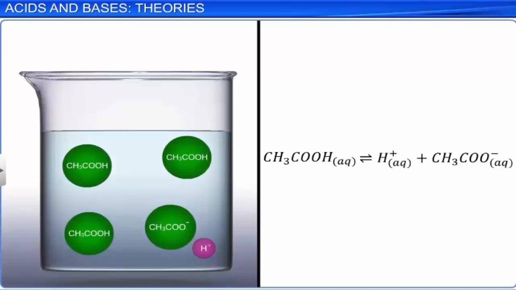An aqueous solution of acetic acid mainly contains unionized acetic acid molecules in equilibrium with a few hydrogen and acetate ions. Hence, the equilibrium involving the ions in an aqueous solution of a weak electrolyte is called ionic equilibrium.